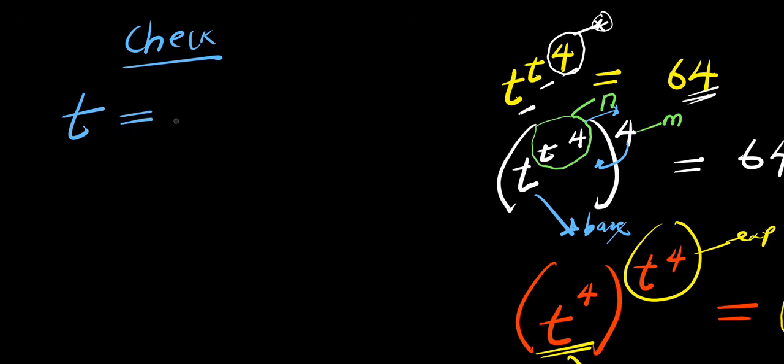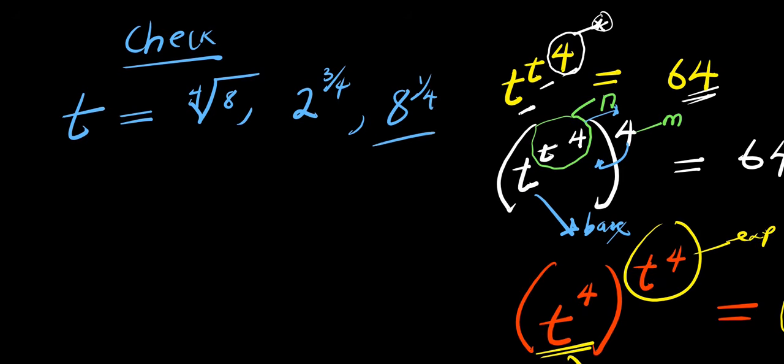We have t equals, the first one as the 4th root of 8. We also have 2 to the power of 3 over 4. And we also have 8 power 1 over 4. So these are the solutions.